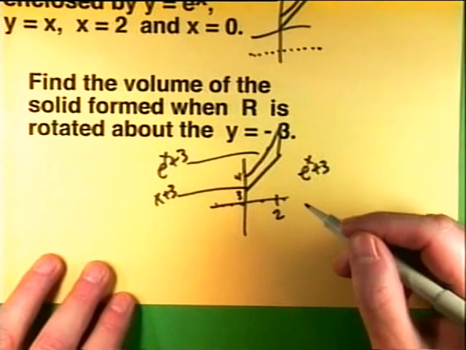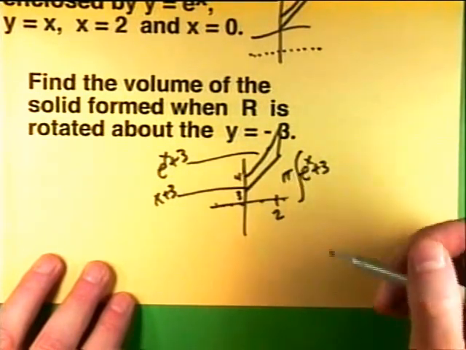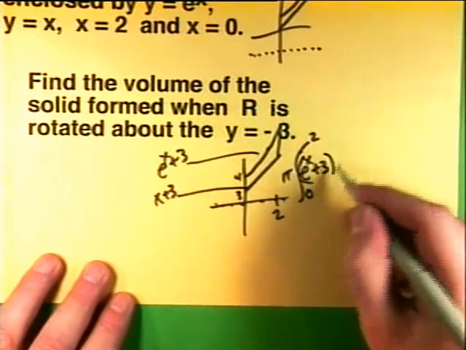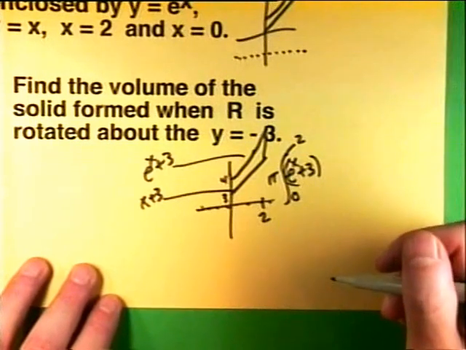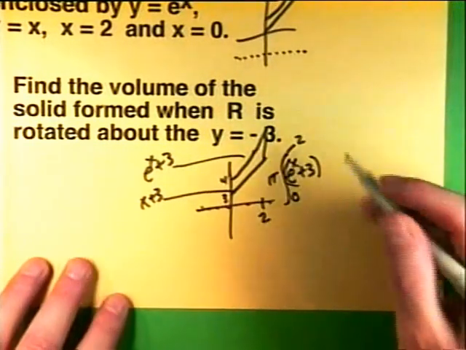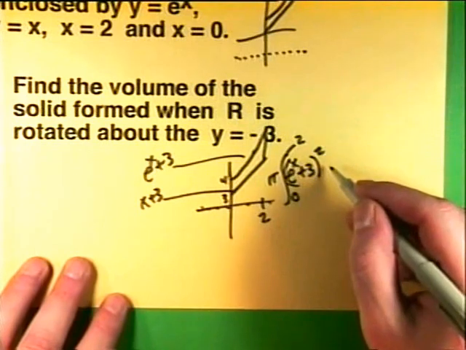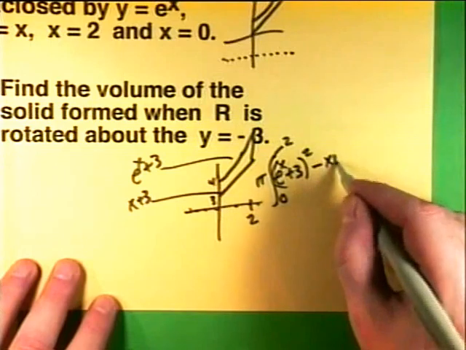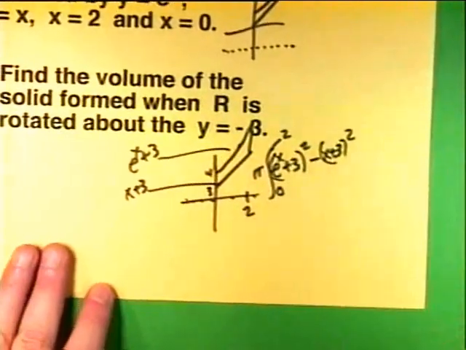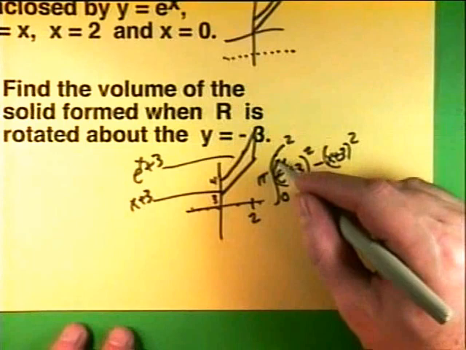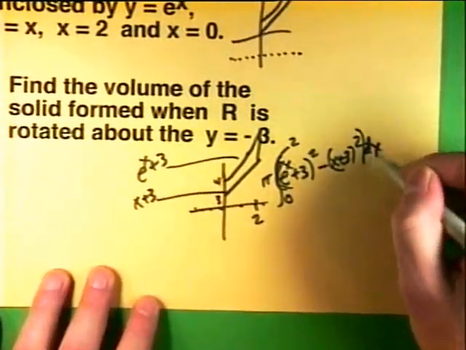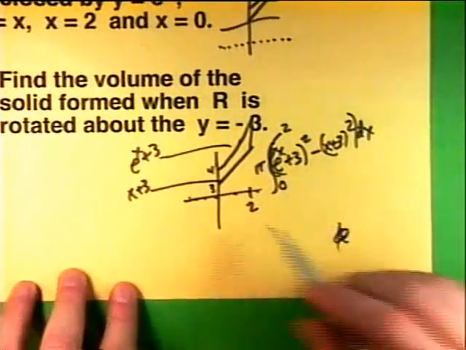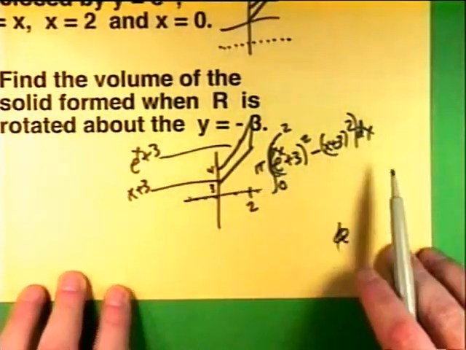Volume equals pi, integrating from 0 to 2, e to the x plus 3, all squared, minus x plus 3 squared. Okay, good job. And that's all you do, and then times dx. So you could do it like that. Otherwise, you're going to get the same answer. It's just that what you guys do is you rename the function, and that's a great way to do it.